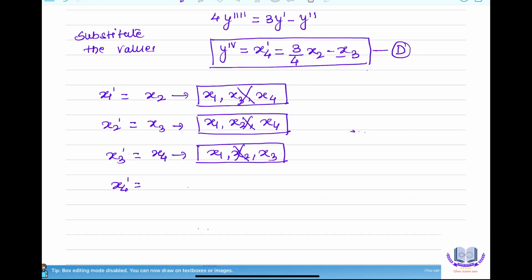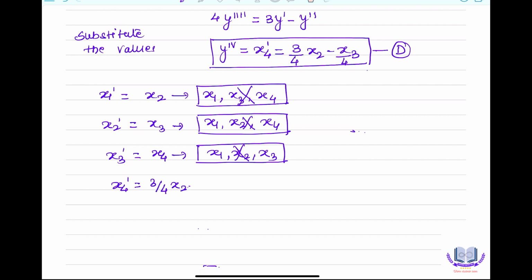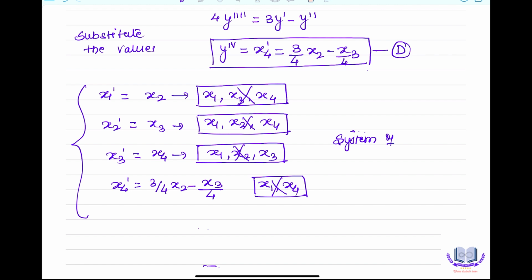It is 3 by 4 x2 minus x3 by 4. Okay, and here x1 and x4, both are missing. So this is your new system of equations, a system of first order differential equations.